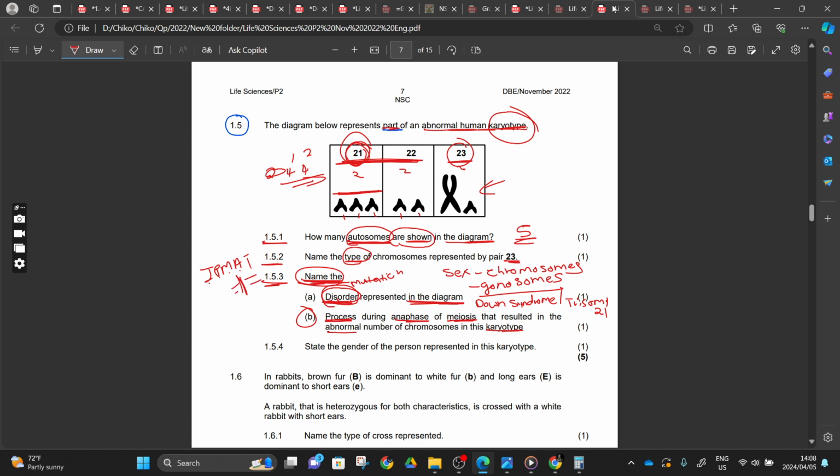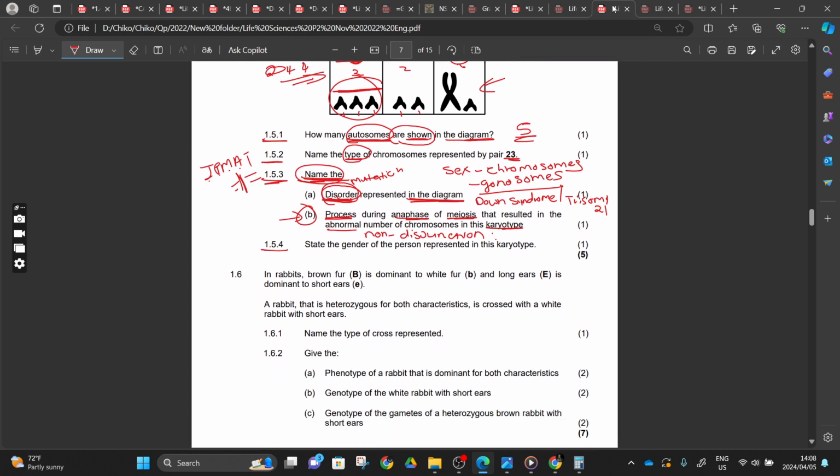Because they don't separate here, this is the process that results in having this extra chromosome. What is the process called? Non-disjunction, right? Non-separation. I'm not sure if they would accept non-separation, but non-disjunction will be the rightful answer there.